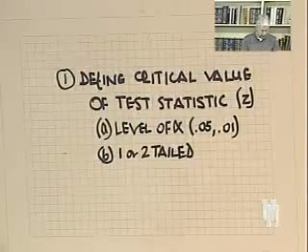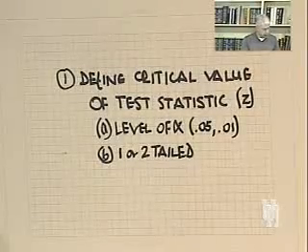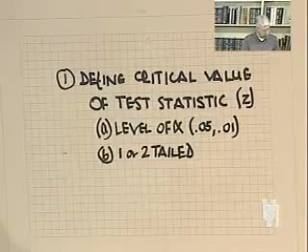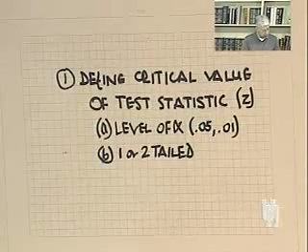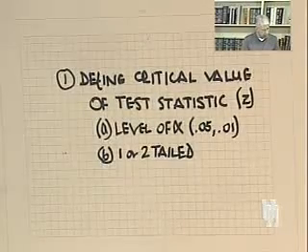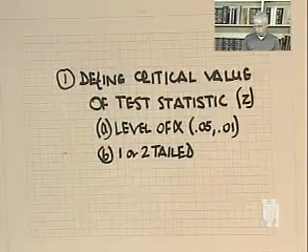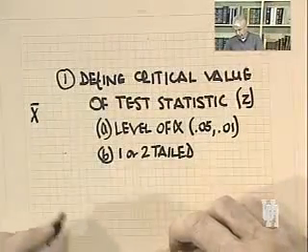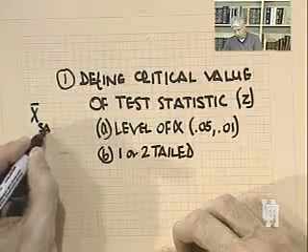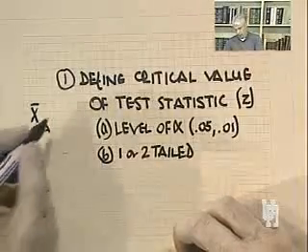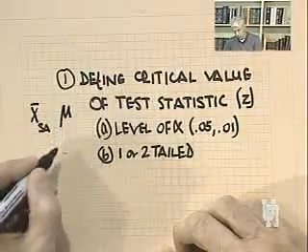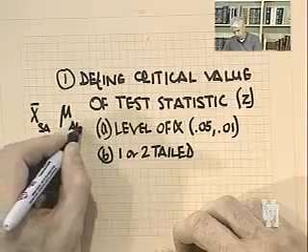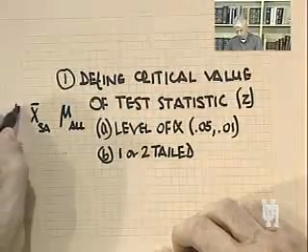To investigate, the academic records of a random sample of student athletes from a large state university are compared with the overall GPA of all students. So we have X bar, and X bar applies, would you agree, to student athletes. And then we have mu, which applies to all students.